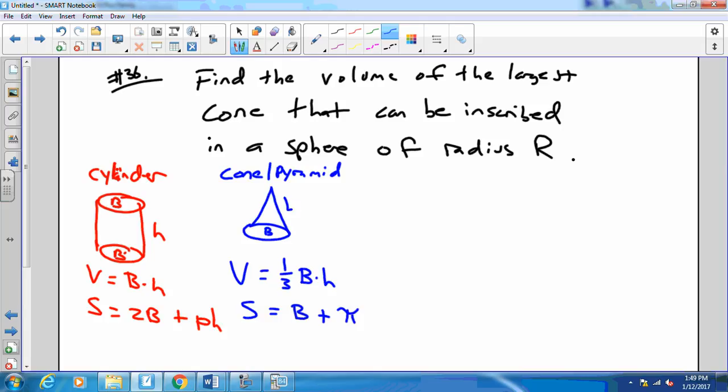And the lateral area is kind of interesting. It has a value of pi times the slant height times the radius of the cone for a circular cone.